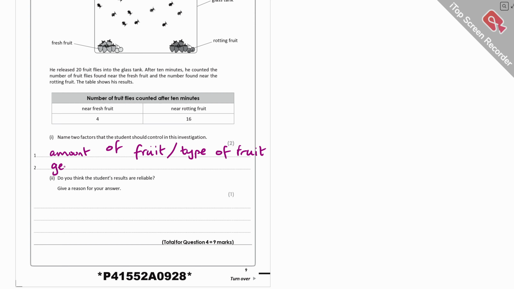The gender, species of fly, and other things. You've got temperature, light will affect, and humidity.